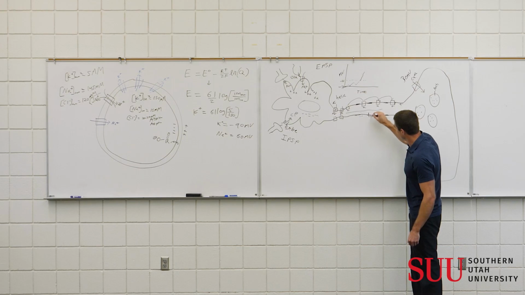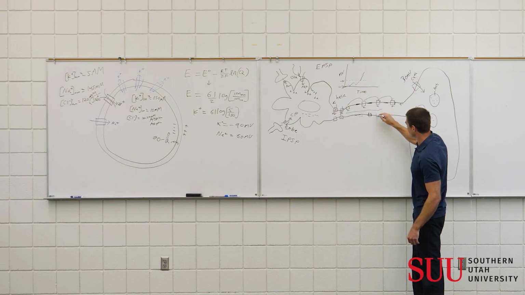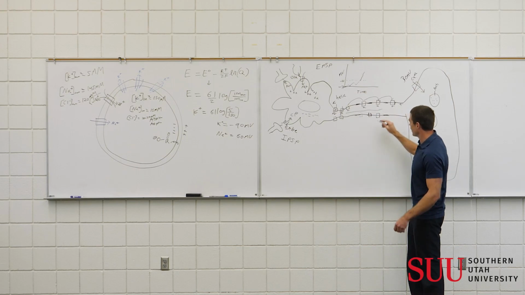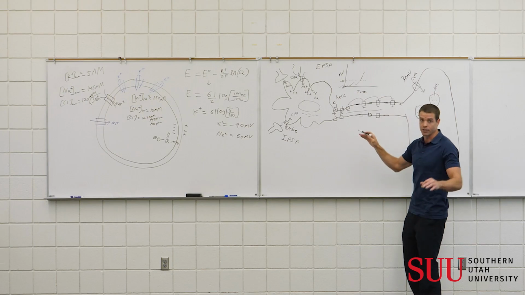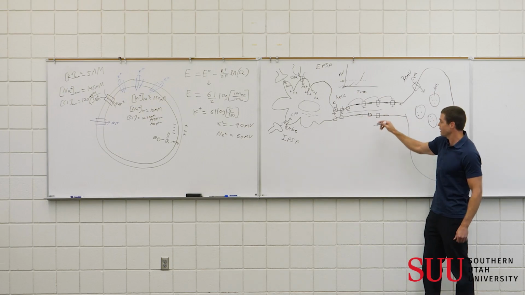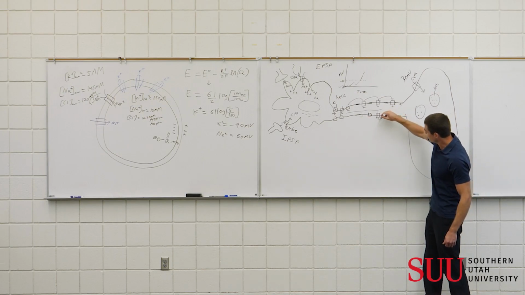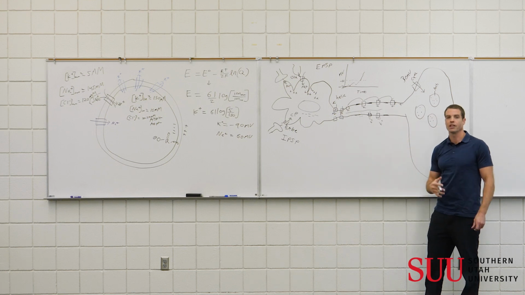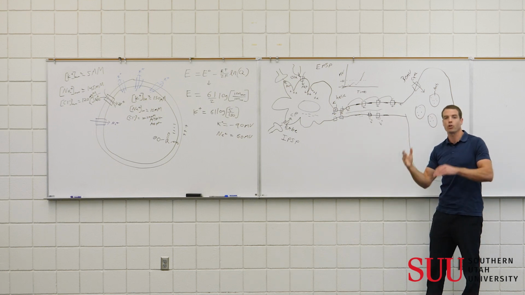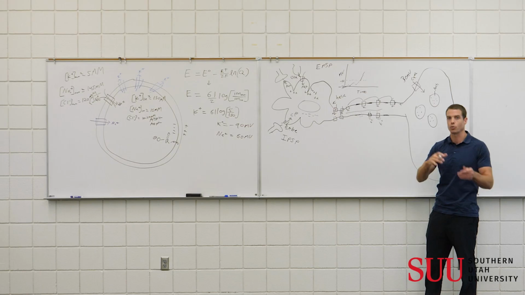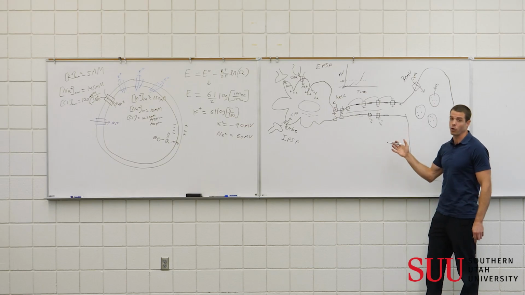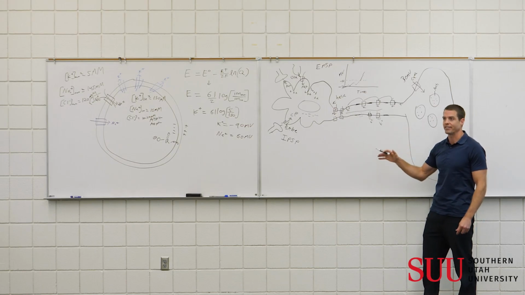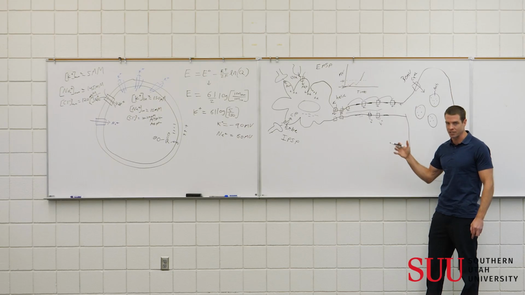Remember, there's a high concentration of potassium inside the cell, so it's going to leave the cell. As it leaves, it's going to quickly repolarize the cell. So you have the depolarization, the repolarization, and essentially it's even going to hyperpolarize the cell until eventually it goes back to resting membrane potential.